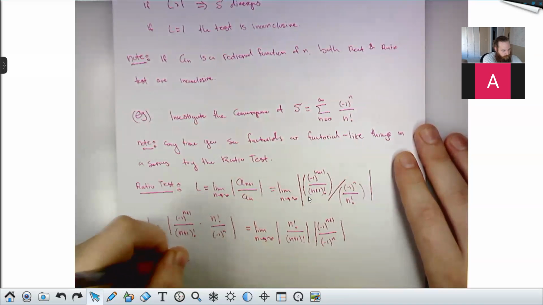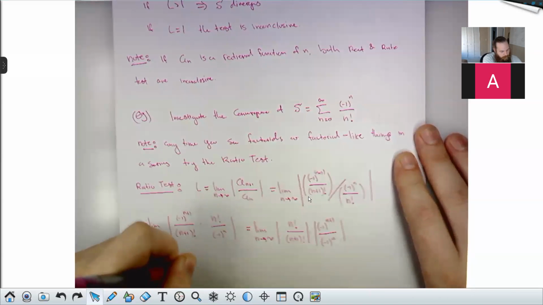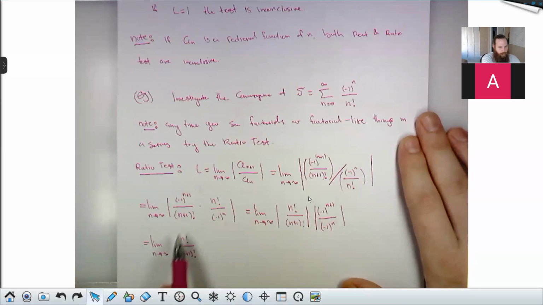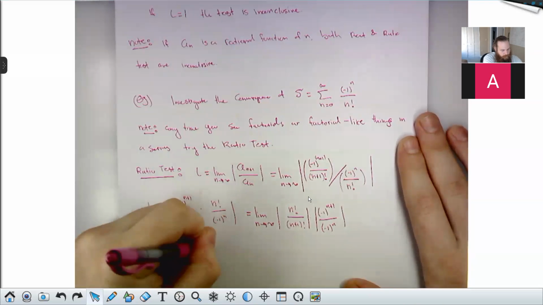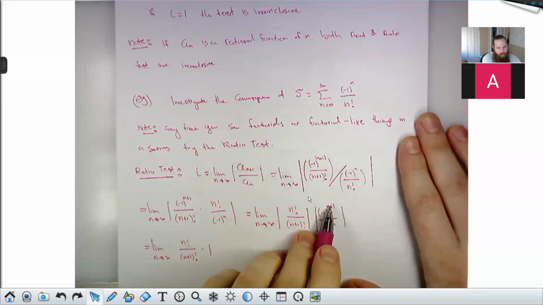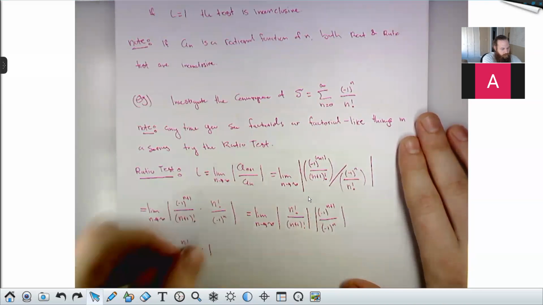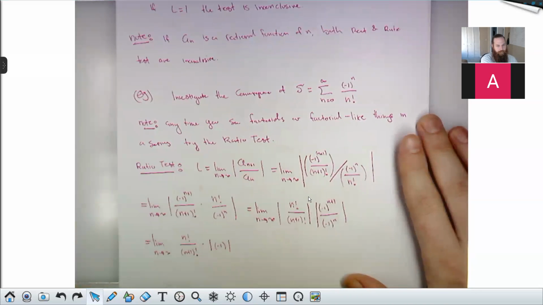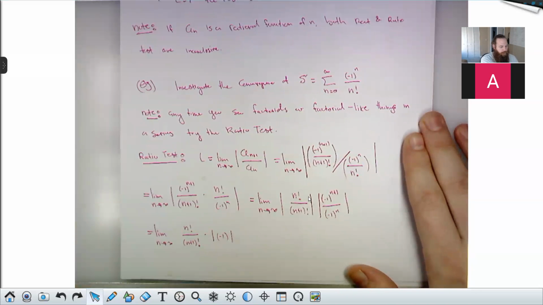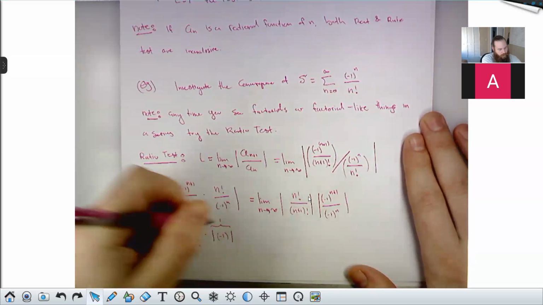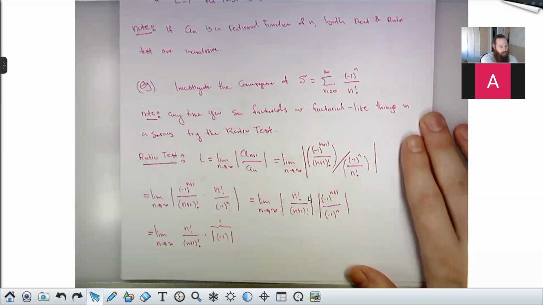So this is n factorial over (n+1) factorial with no absolute values because this stuff is positive, times the absolute value of (-1)^(n+1) divided by (-1)^n, which is just (-1)^1. Now the absolute value of -1 is 1. So this piece goes away. I'm just multiplying by 1.